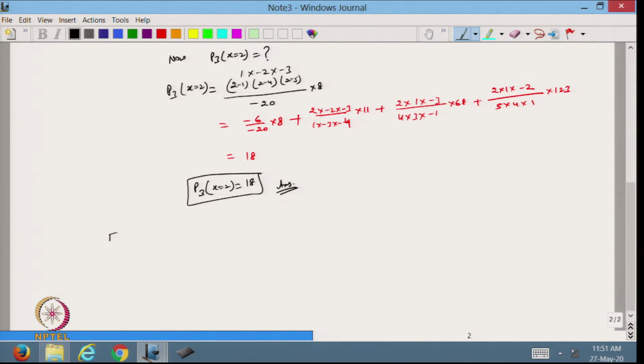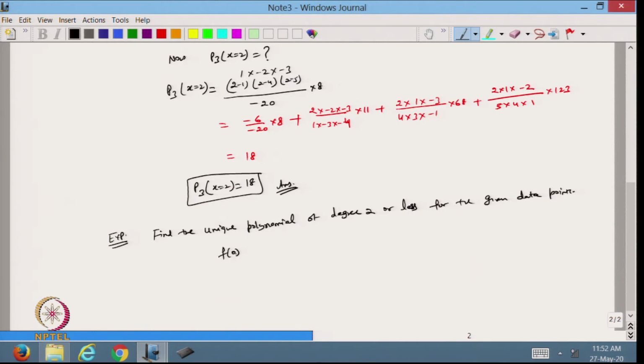Another example I want to do: find the unique polynomial of degree 2 or less for the given data points.